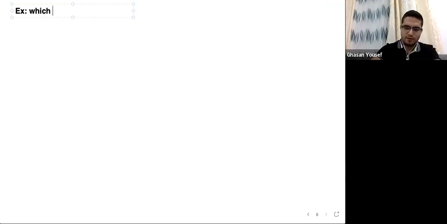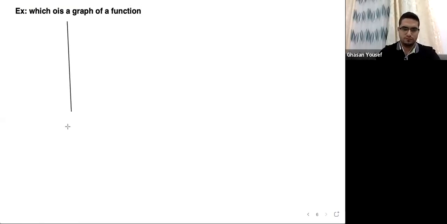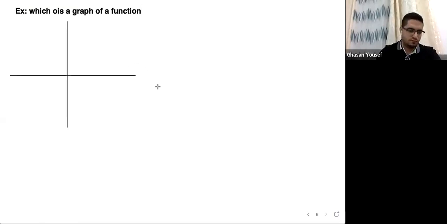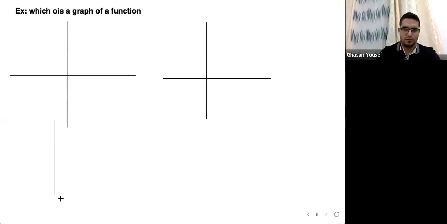Which is a graph of a function? One, two, three, four.